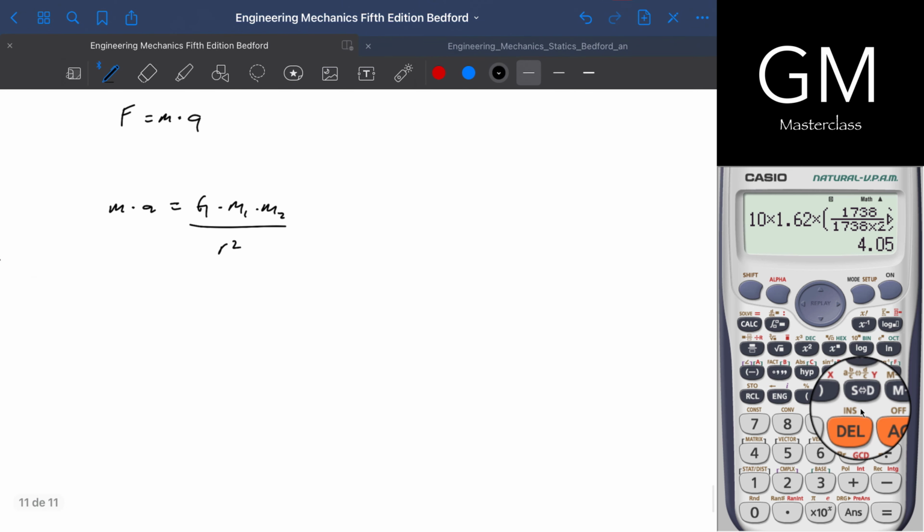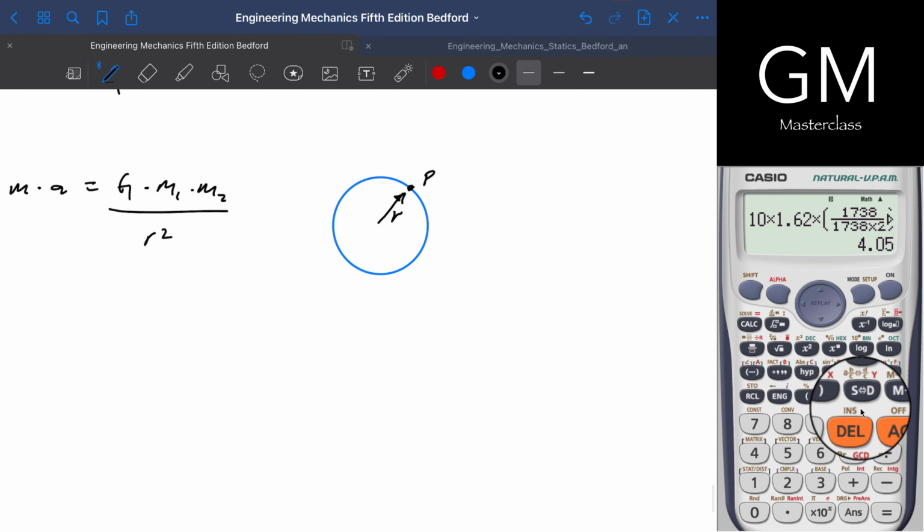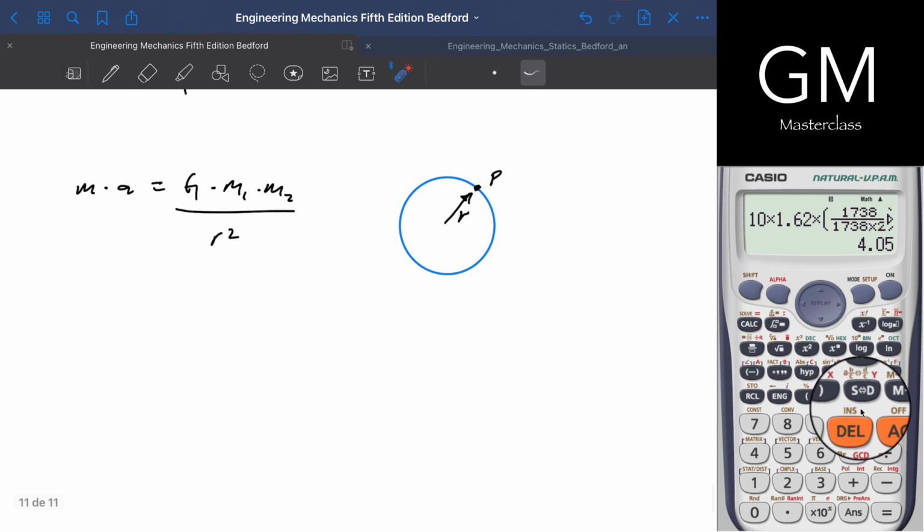Now, because we are talking about a gravitational force on the surface of the moon, if I have a particle, this is going to be the mass of the particle, and this is going to be the mass of the particle as well.